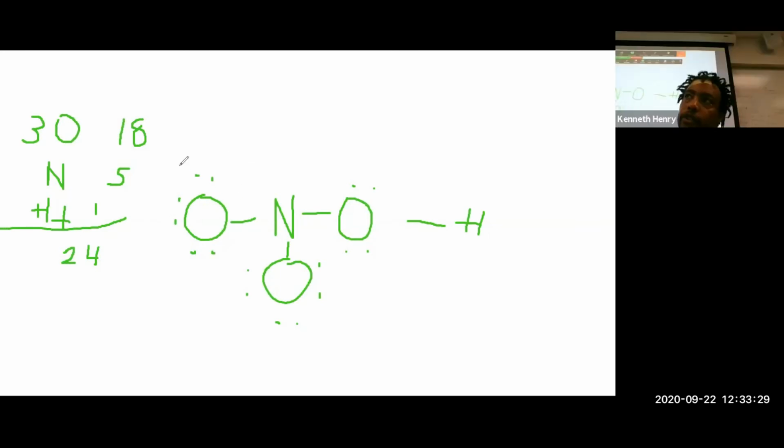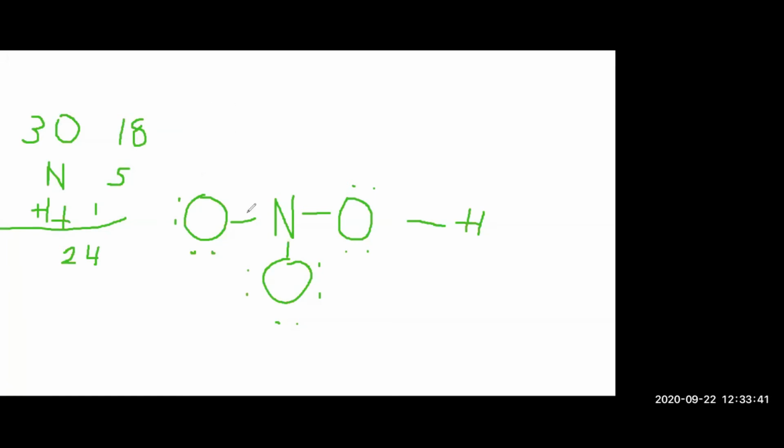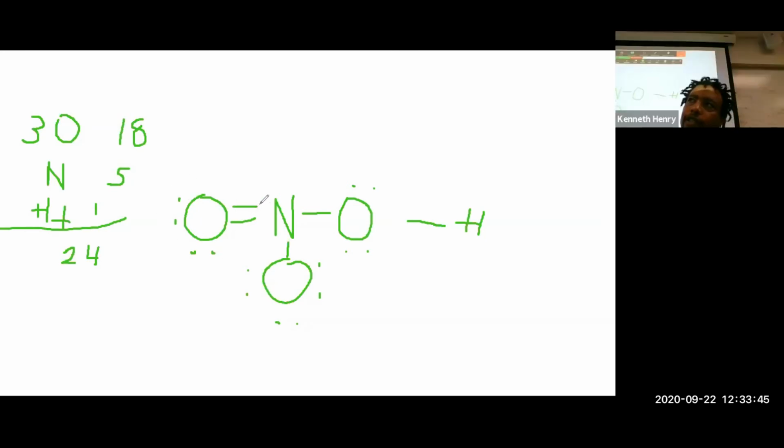Okay, so that's 2, 4, 6, 8. We need a double bond somewhere. 2, 4, 6, 8, 10, 12, 14, 16, 18, 20, 22, 24. So we've counted all the electrons.